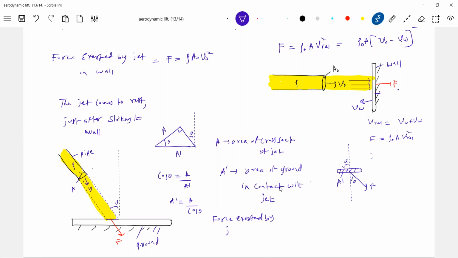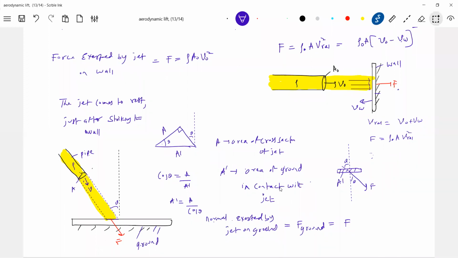Force exerted by the jet on the ground. This should be equal to Fg, I'll write it. Shall I write F cos theta, F sin theta? F sin theta will be tangential, F cos theta will be the normal force, or we'll make it still more clear.